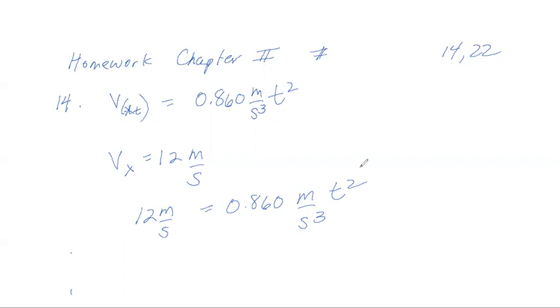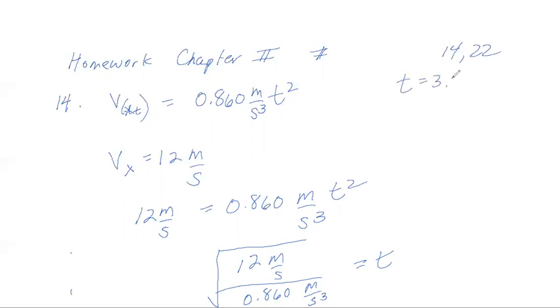So we've got 12 meters per second divided by 0.860 meters per second cubed, under the radical, is going to give me t, and t is going to be equal to 3.735 seconds.